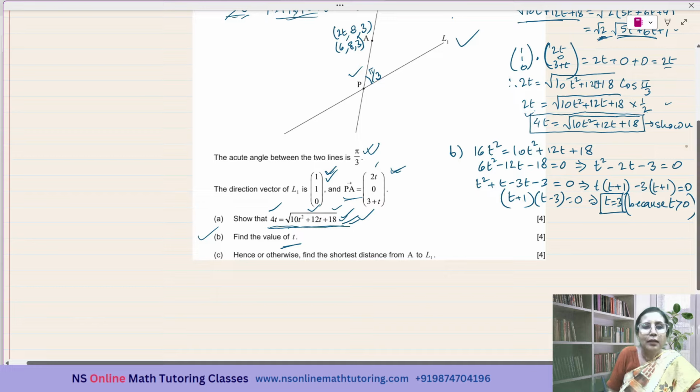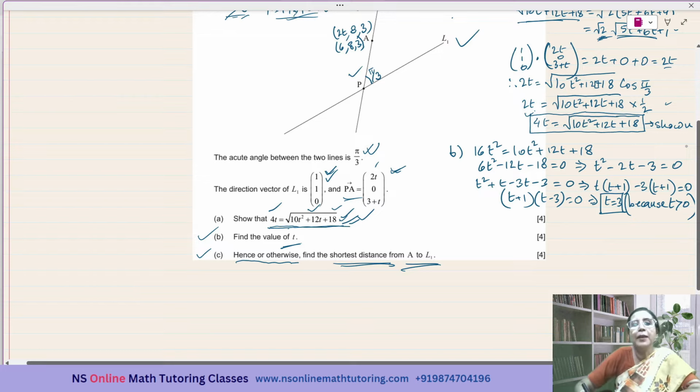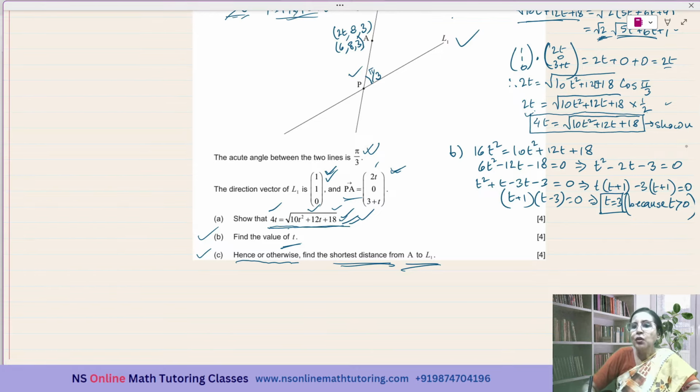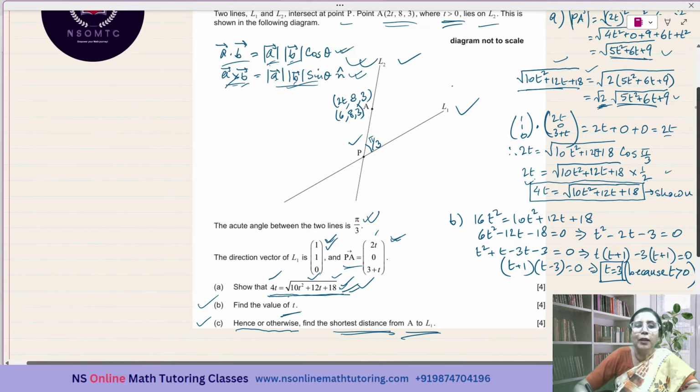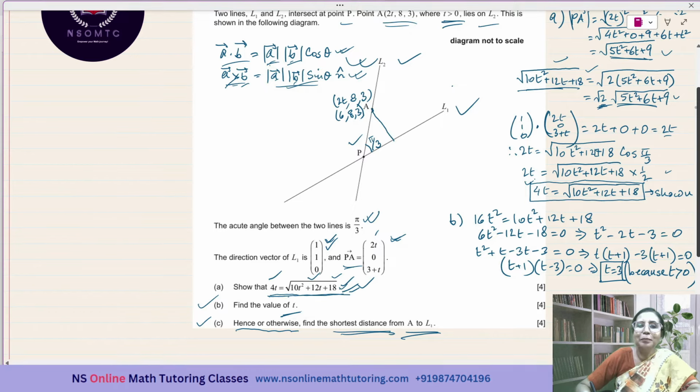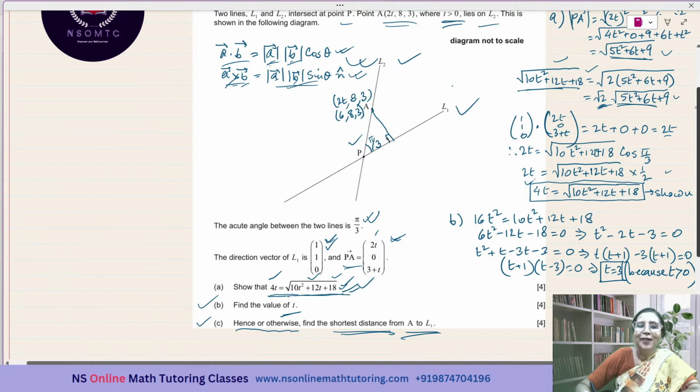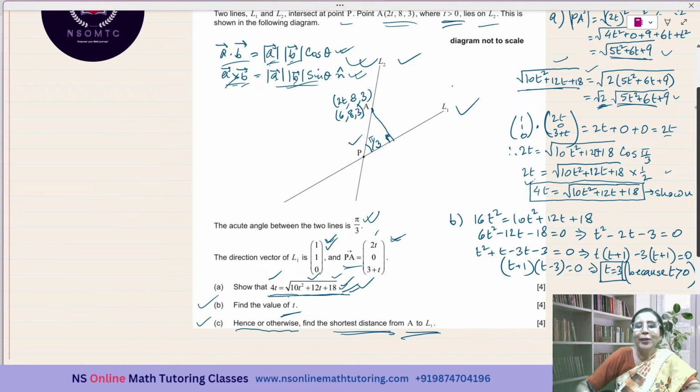Fine. And now coming to subpart C, hence or otherwise find the shortest distance from A to the line L1. And the shortest distance will always be the perpendicular distance. Okay. So we have to drop a perpendicular from the point A on the line L1. Let this be the perpendicular that I have drawn. This is perpendicular to the line L1.